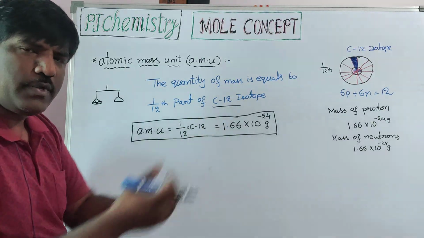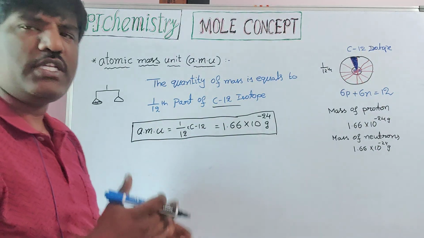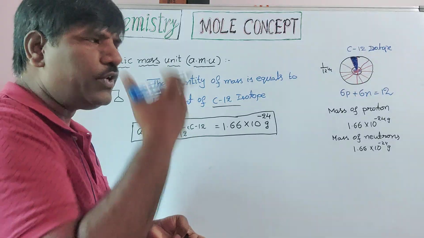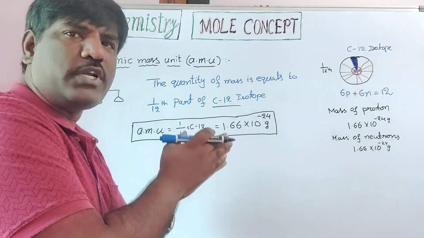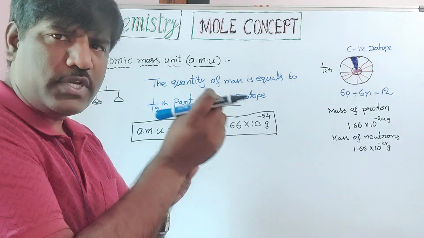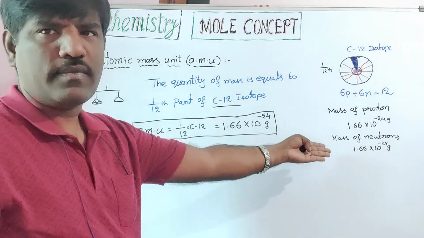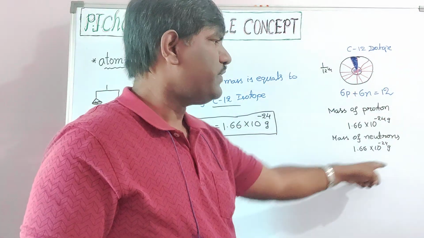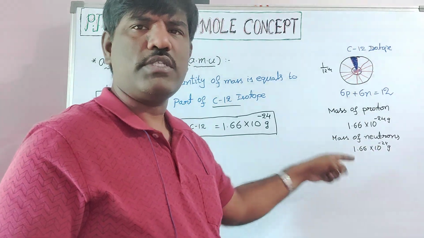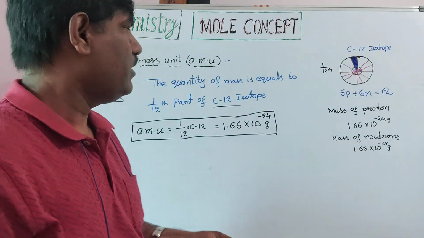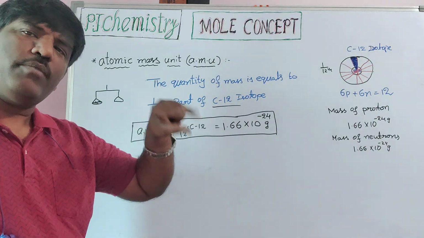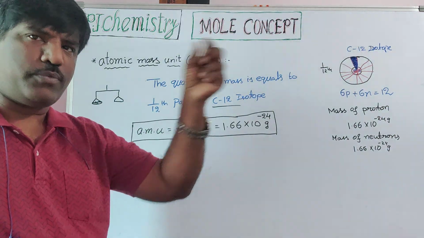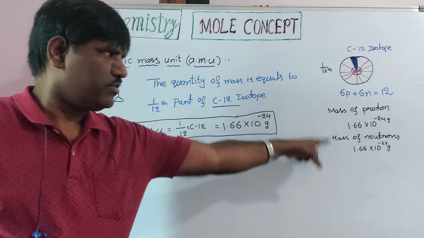For other elements, for example nitrogen, mass number is 14. You divide into 14 parts. In that also, 7 protons, 7 neutrons are there. So that 7 protons or neutrons value is fixed for any element. The number will vary depending upon the number of protons and neutrons, but proton mass and neutron mass are fixed, these two.